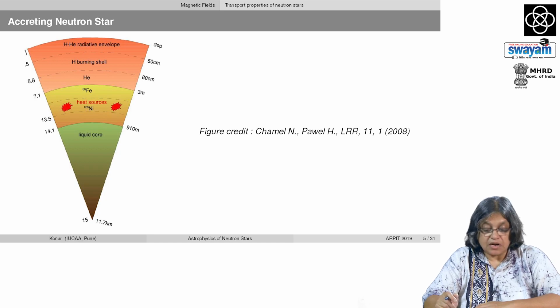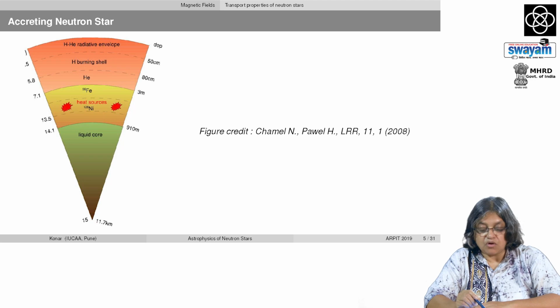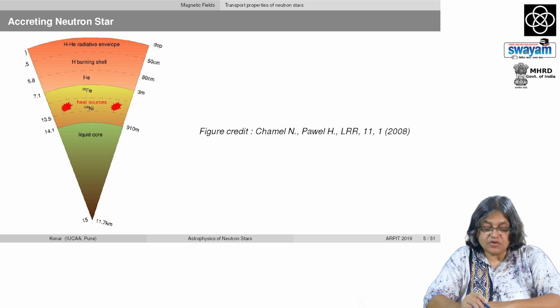If the temperatures are large enough, there might be a hydrogen burning shell, and immediately beneath that there would be a region of helium, and then of course, there would be regions of iron from a density of 10 to the power 7 grams per cc, and beyond that we would have the solid crustal region within which there might be some heat sources because of certain processes going on in the accreting crust.